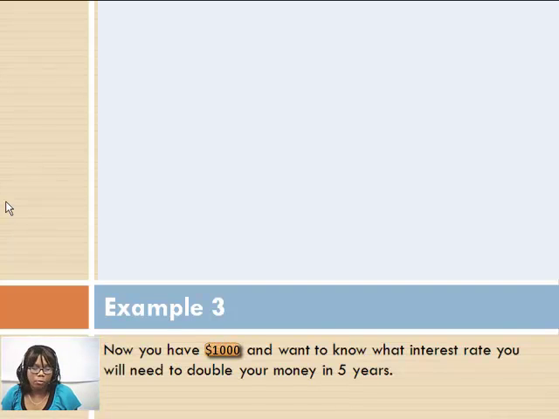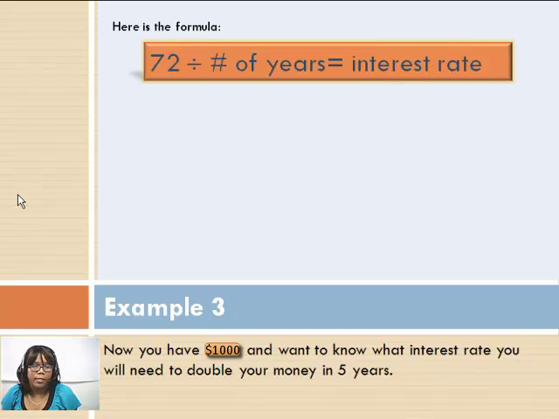Here's an example. You have $500 and you want to know what interest rate you need to double your money in 5 years. Here's the formula: 72 divided by the number of years will give us the interest rate. So we have 72 divided by the number of years, and in this word problem, the number of years is 5.